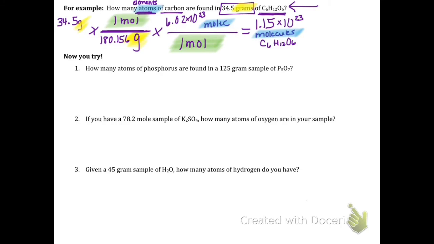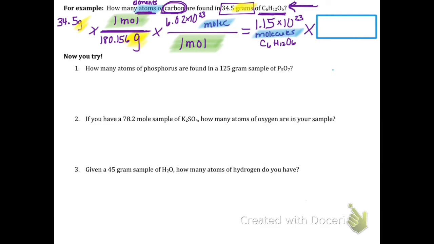Now, you have to realize that we are not done because this is molecules of a compound, but it's asking for atoms of just carbon. So you have to multiply by a specific number. What number could this be? This number is how many carbons were in your compound. So in C6H12O6, how many carbons do we have?